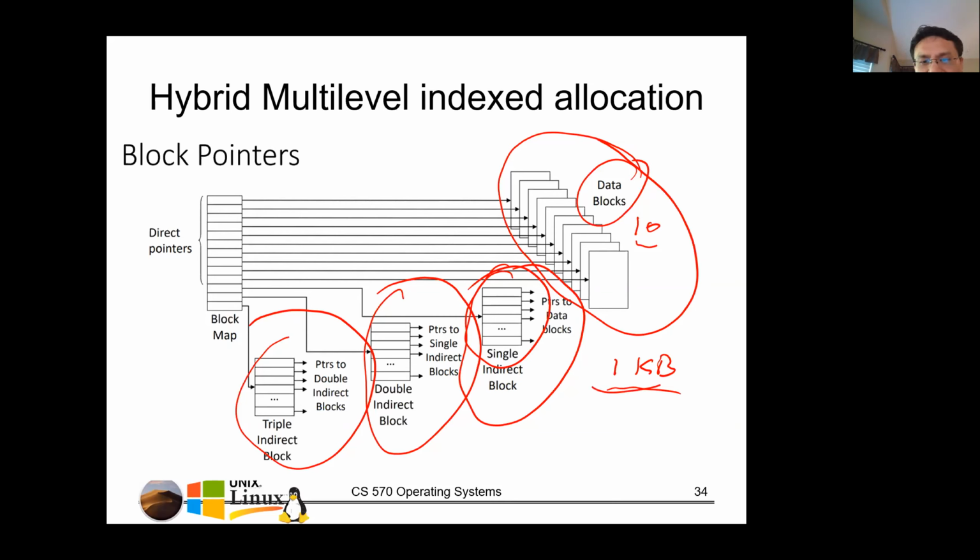So with 1 KB size, how many entries would there be for this table for a single indirect block? Anybody can tell me? With each entry here occupying 4 bytes.